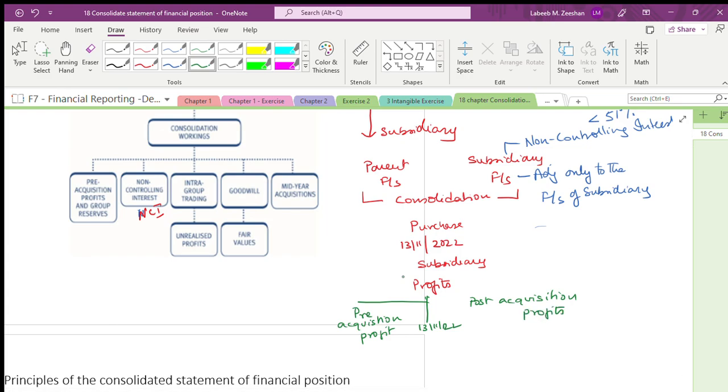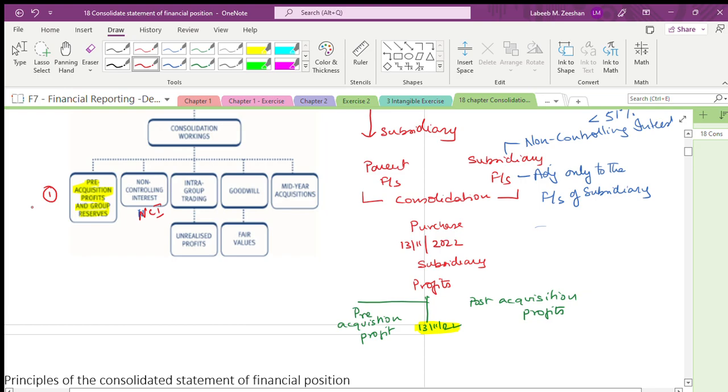The date is important. On the date and after the date, it is post-acquisition profits. Before the date, it is pre-acquisition profits. We will distribute the pre-acquisition profits and post-acquisition profits. This is the first adjustment we will do.